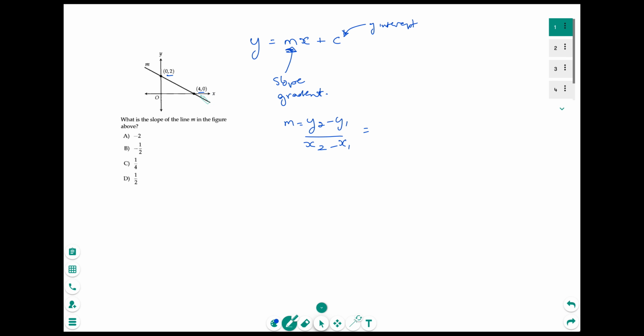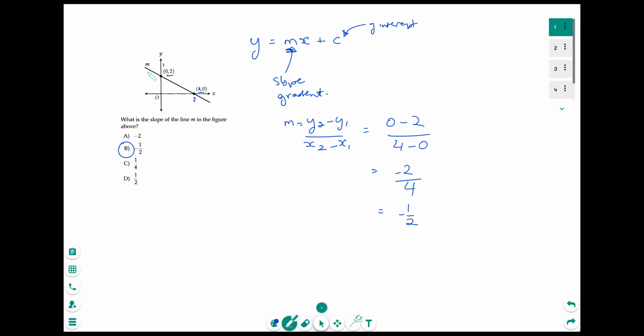So let's say that this is point number 2 and that's point number 1. Y2 is going to be 0 minus 2 over 4 minus 0. 0 minus 2, negative 2 over 4 simplifies to negative a half. Great, so the slope of this line is negative a half.